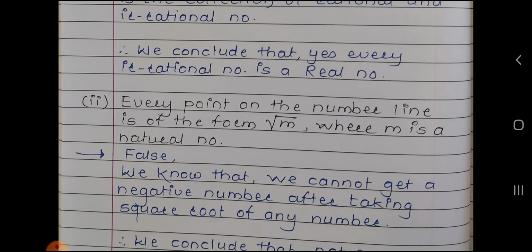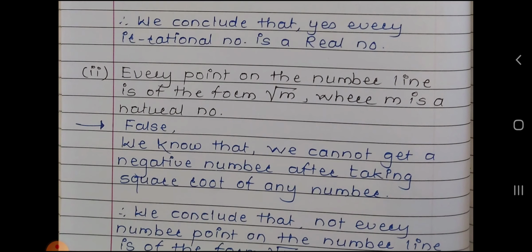Next one. Every point on the number line is of the form square root of m, where m is a natural number.